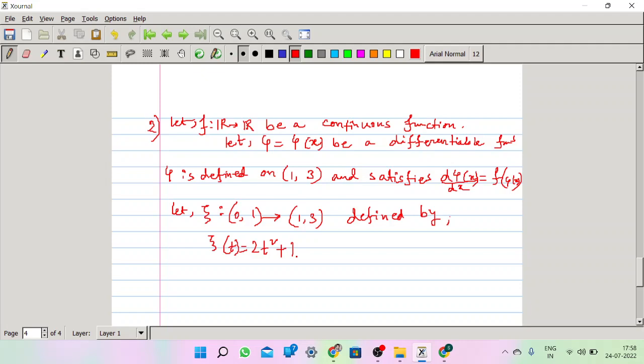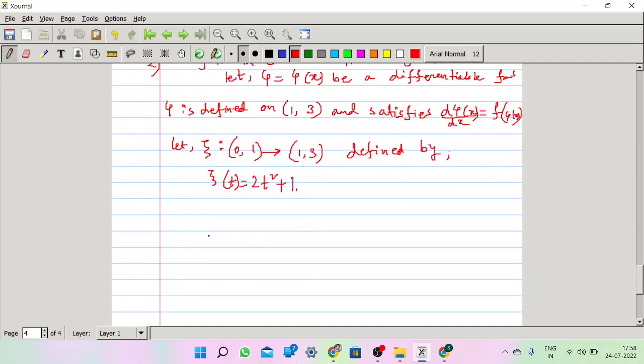So now again I define another function. More functions are coming in this problem. Another function I define, psi of t, such that psi equals phi of xi of t, a composition of two functions, where psi is defined on the open interval 0, 1.